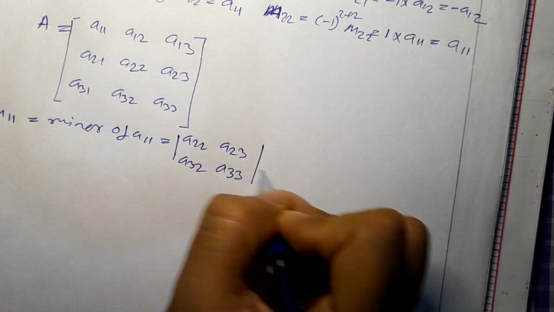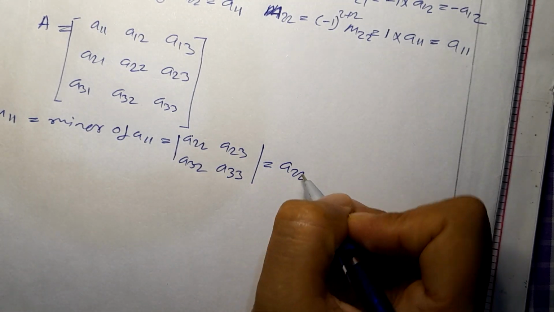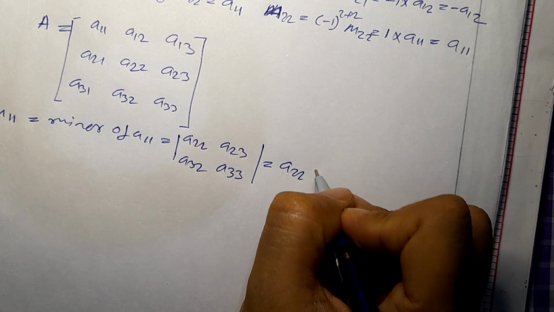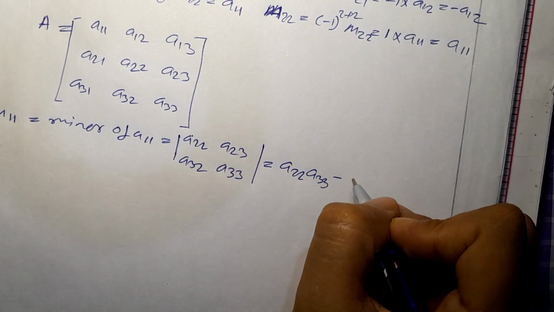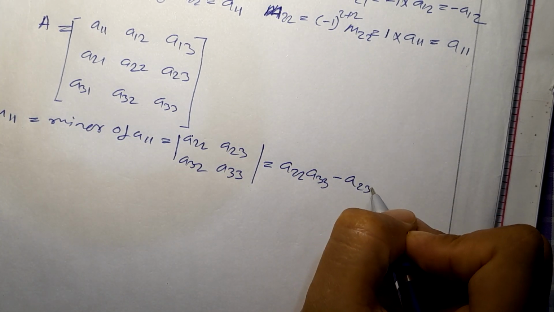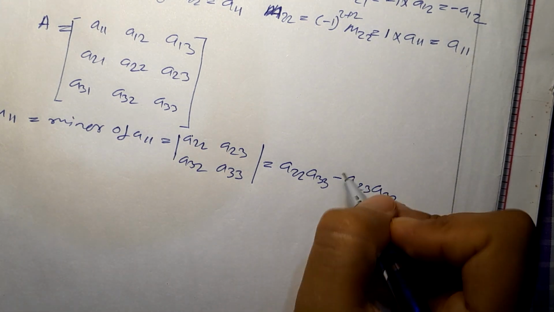Now it becomes a 2 cross 2 determinant. So it will be a22 a33 minus the other diagonal, a23 a32. So this is the result.